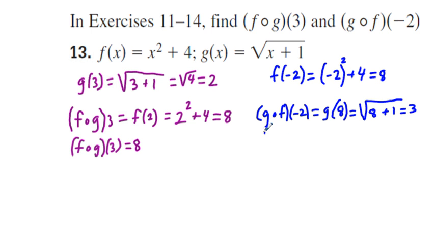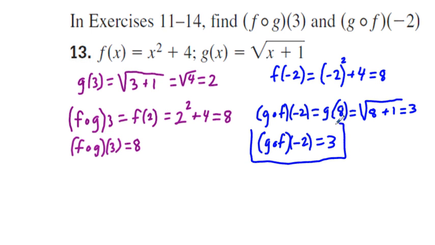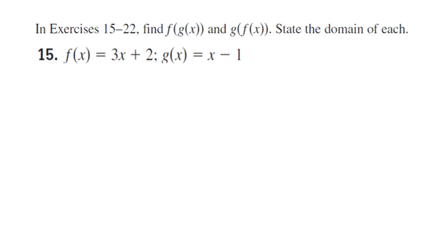So to summarize, g of f of negative 2 is equal to 3. So we have our two sets of answers. And we go on to problem 15.